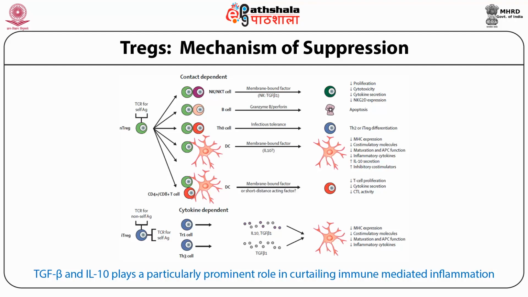So as I told you earlier, we need to understand which cells are playing an important role in the viral infection, so we can come back and make biotherapies targeting these cells. So in summary, regulatory T cells produce TGF-beta and IL-10, which are the suppressive cytokines, and they play a particularly prominent role in curtailing immune-mediated inflammation.